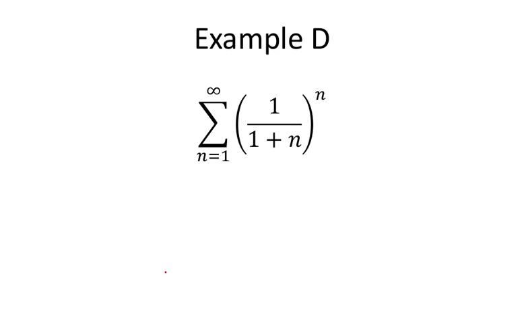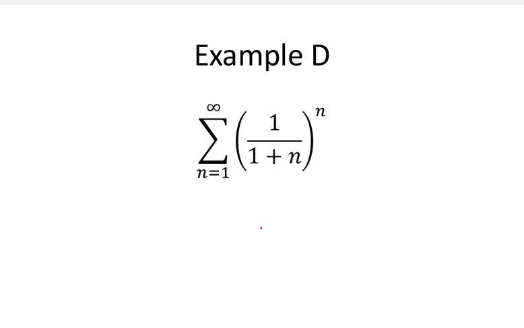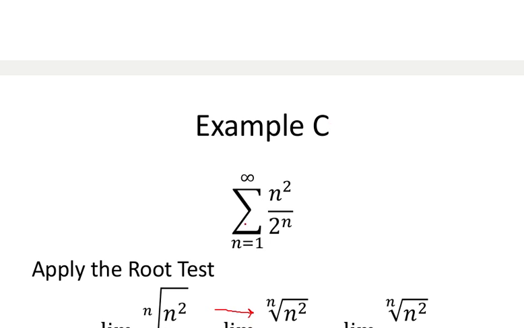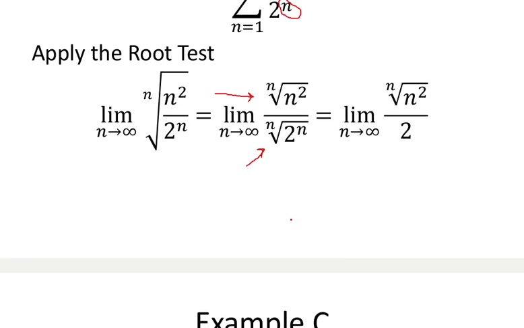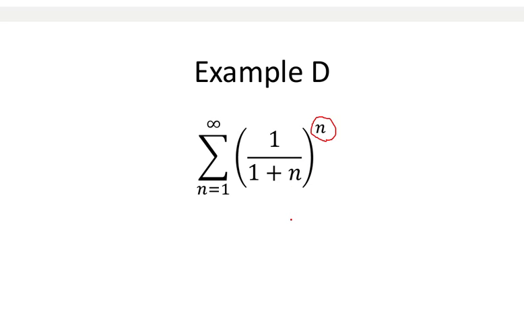We have this example here, from 1 to infinity, the summation of 1 over 1 plus n to the nth power. This one is a little bit more obvious that it's a root test. Whenever you see an n in an exponent like this one, that's a sign that this is going to be a root test problem. So whenever you see an n in an exponent, look towards using the root test.